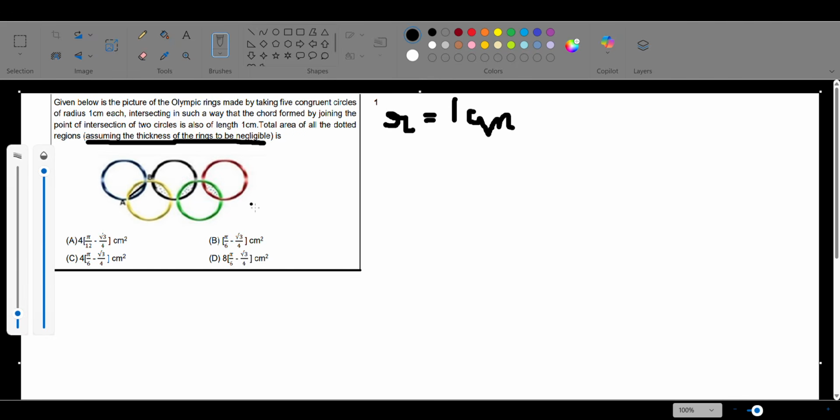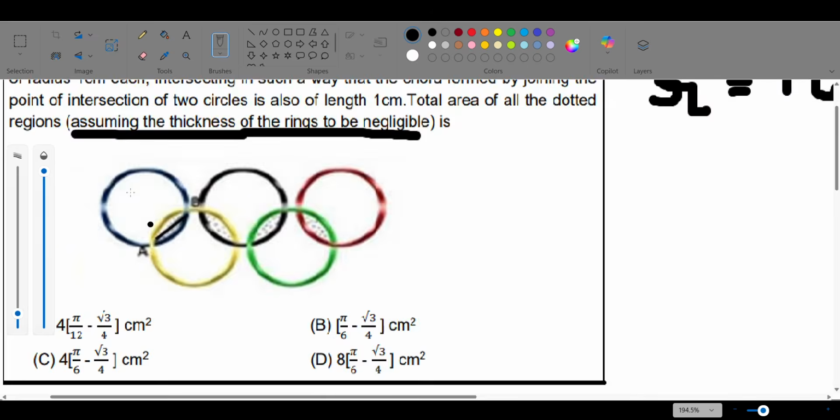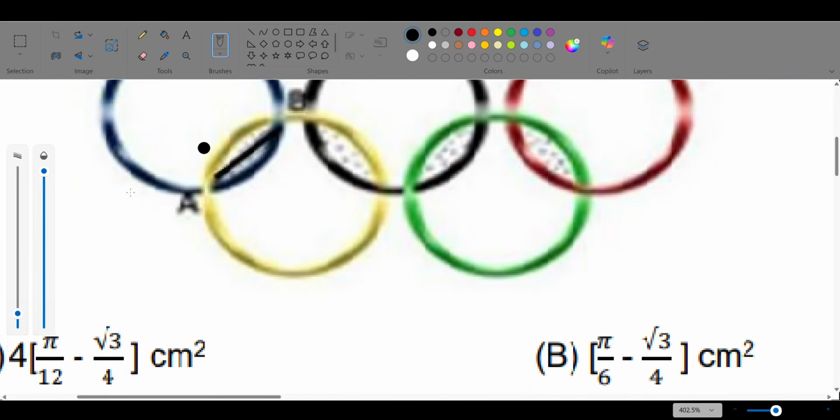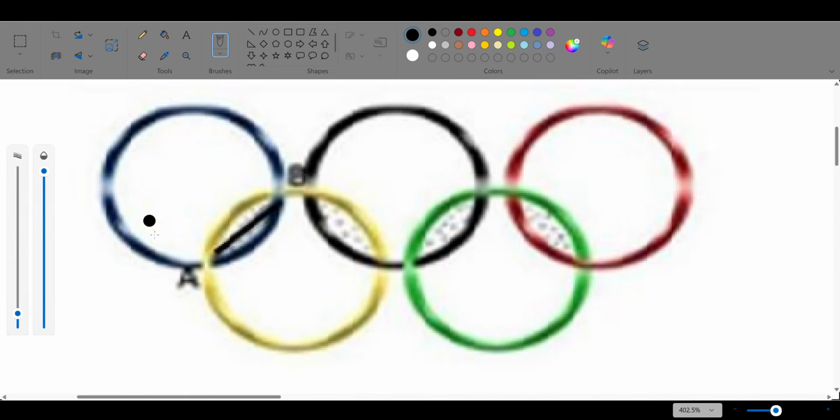So what we have to do is, okay, let's zoom into the question. You can see, guys, the two circles; there are basically 5 of them. Now if the two circles intersect, they're asking us to find the area of this, this, and this.